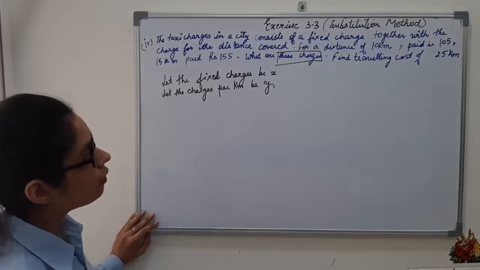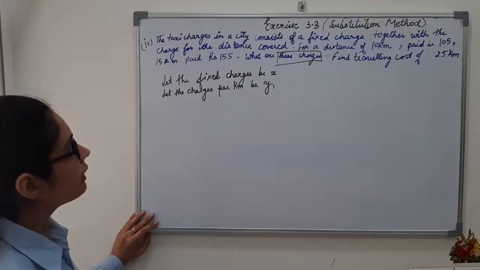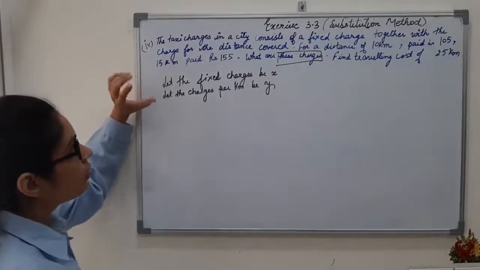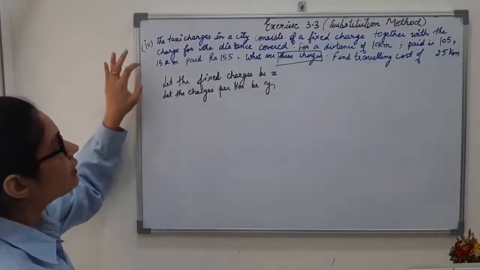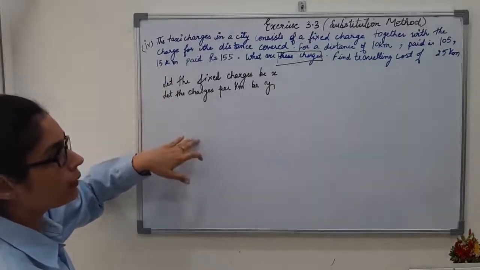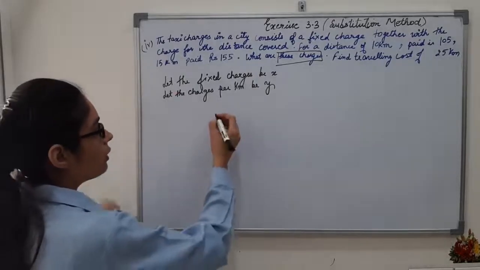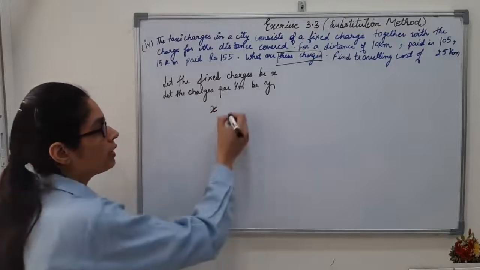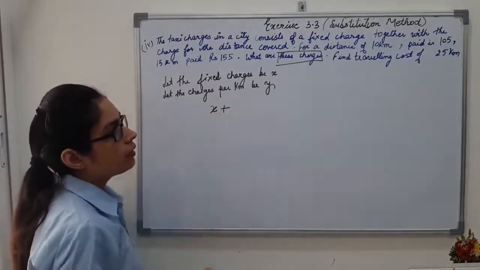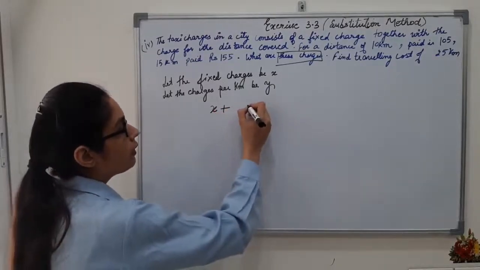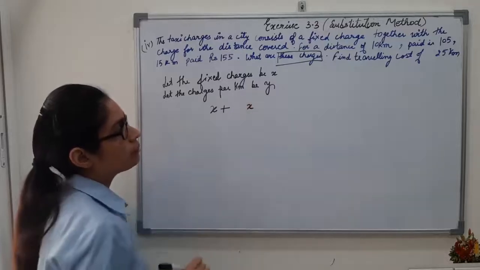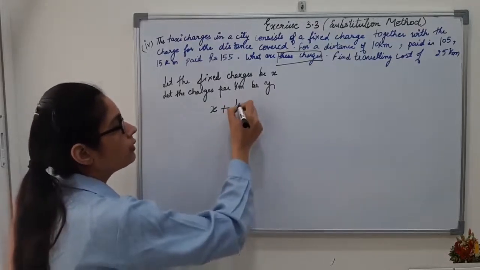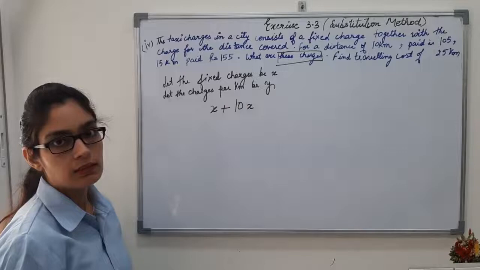Now let's frame these two situations in equations. If a person traveled 10 kilometers, the fixed charge will always remain the same. For per kilometer, y rupees has been charged, so for 10 kilometers, 10 into y will be charged.